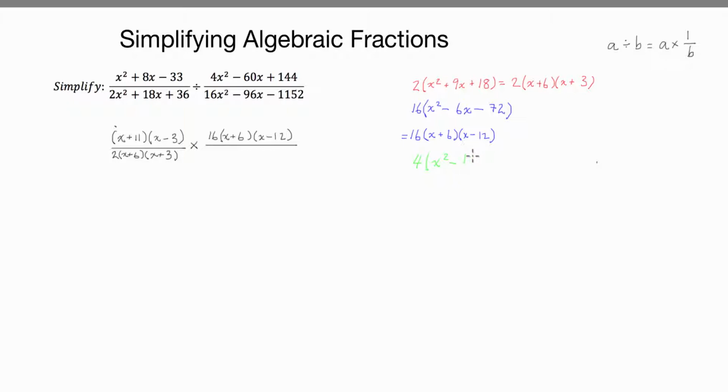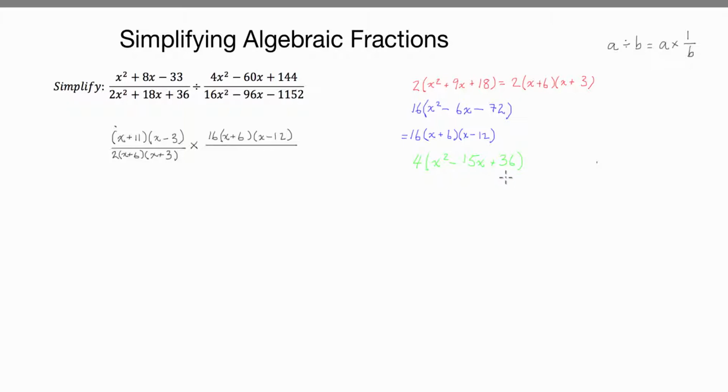So minus 15x. 4 goes into 144. Well, 4 goes into 120, 30 times. It's going to be 36. Yep. Cool.